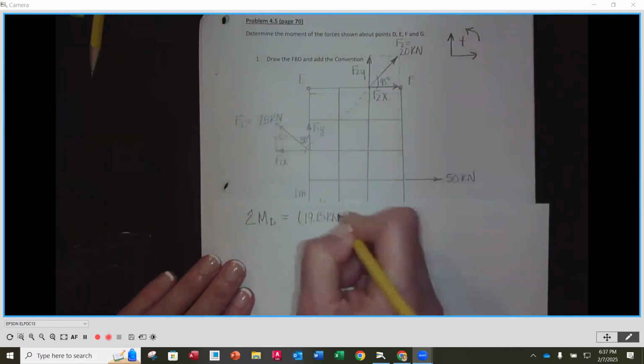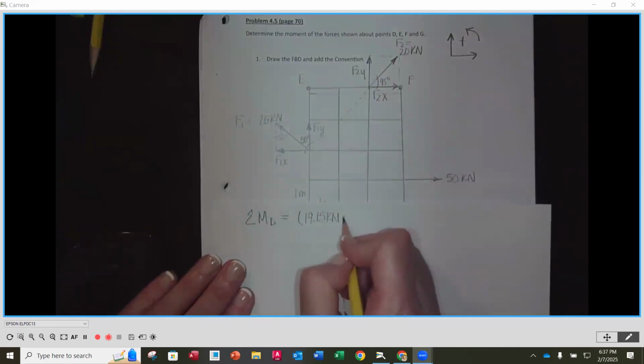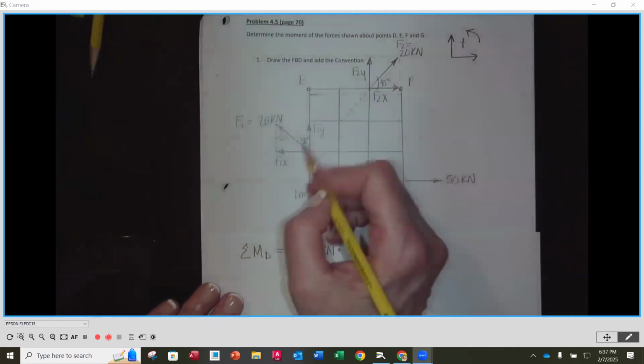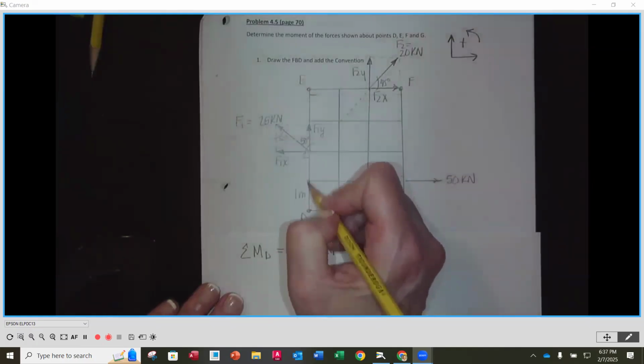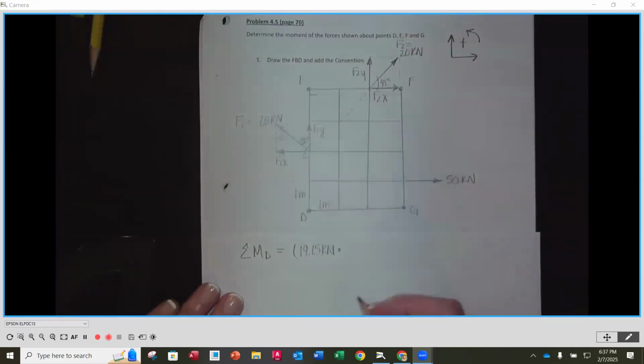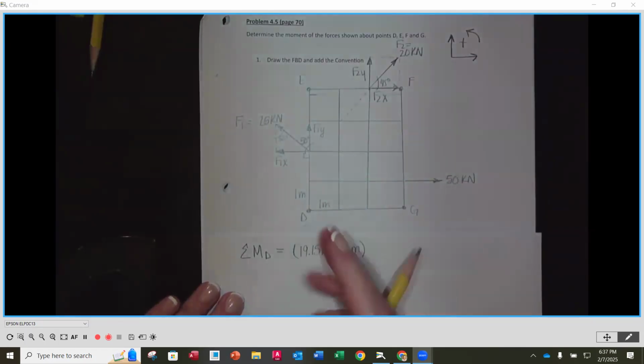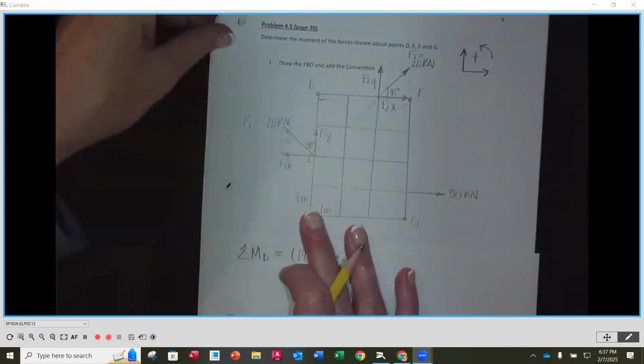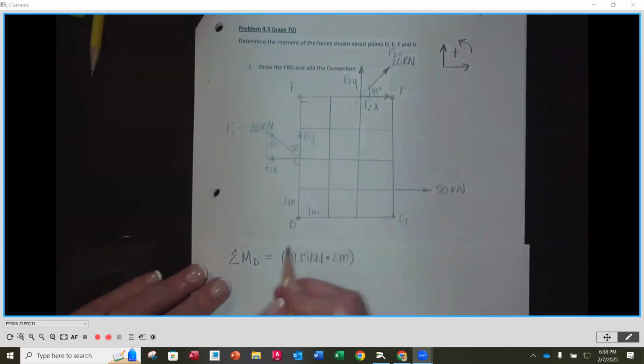19.15 kilonewtons, times its perpendicular distance from D. We're going to go straight up, and this is going to make a 90-degree angle. So 2 meters. Direction, out front, we have to put a sign. If I pull in the direction of that force, it is going to be counterclockwise, which means we're going to have a positive rotation out front.